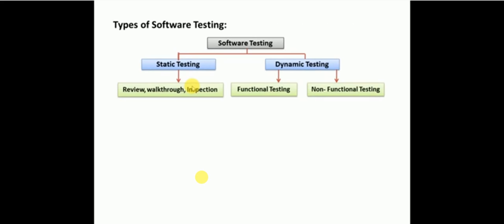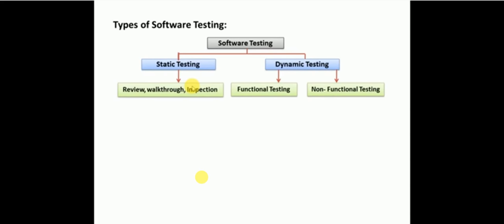You can review the requirement document. A QA person can review the design document. He can ask the business analyst or anyone to walk through that document, and he'll make sure there is no flaw. And a QA person can go to any developer and inspect the code. That's how you can achieve the static testing part.